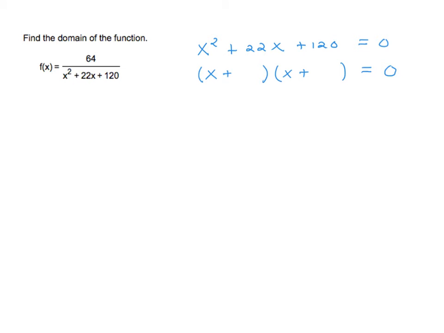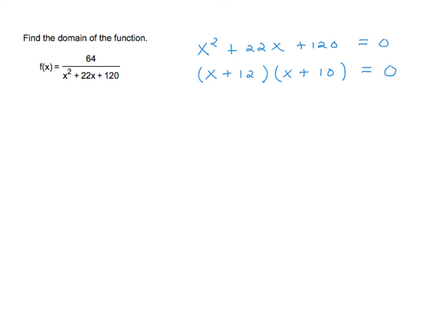And I think those two numbers are going to be 12 and 10. So that is, if we were to multiply this out, x times x gives me x squared, 12 times 10 is 120, and then the sum of these two numbers is definitely 22.